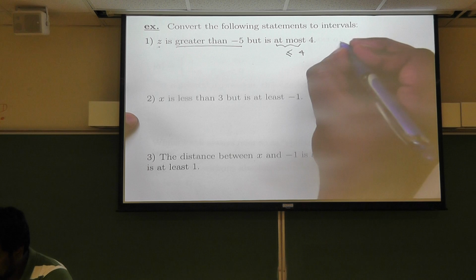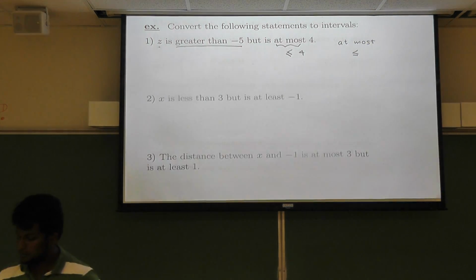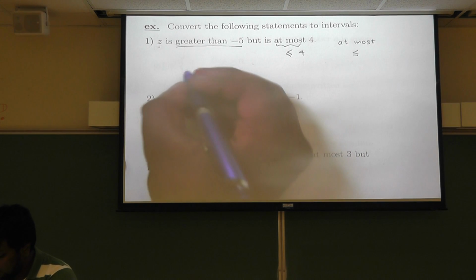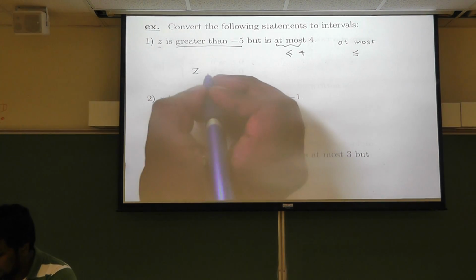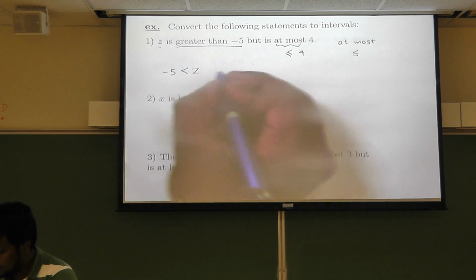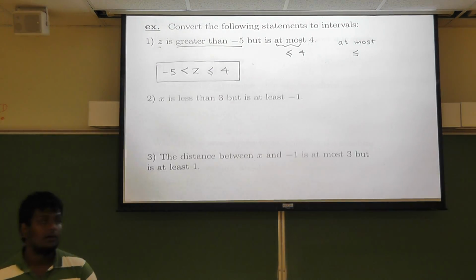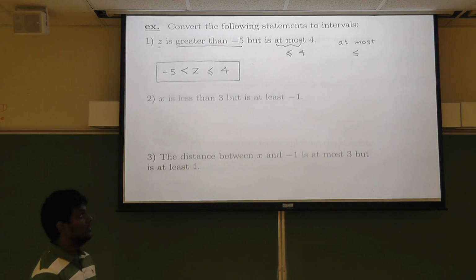At most translates to less than or equal. So z is greater than -5 and less than or equal to 4. That's how you translate this sentence into an inequality.